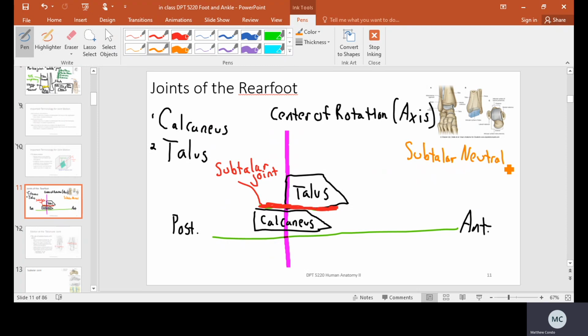So when I'm prone, what's not on the ground? Your foot. So when my foot's not on the ground, what do we call that? Non-weight bearing. When I'm standing, bonus question, am I weight bearing? Yes. So what's the problem with that system?